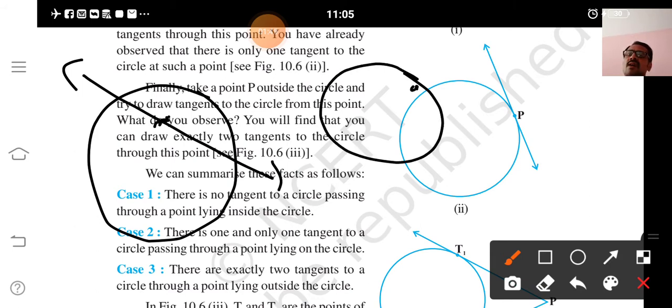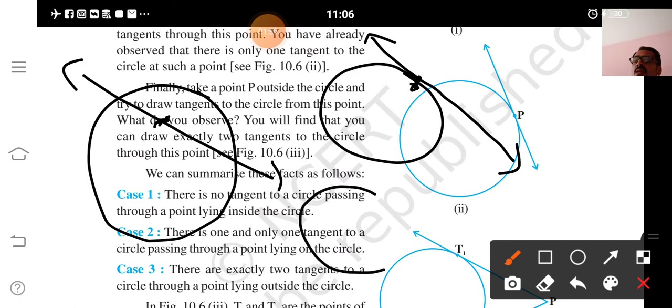If I take a point on the circle, then we know very well, as we have studied, that from one point on a circle we can draw one and only one tangent. Now let me take one point outside the circle. So this is the exterior point of the circle. Let us check how many tangents we can draw.